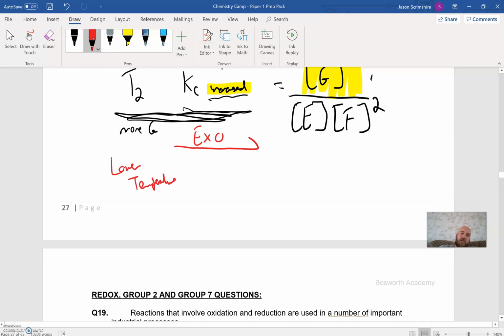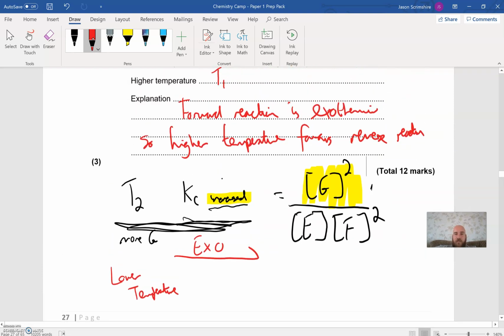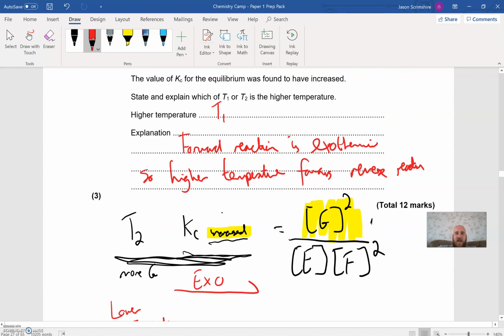And I'm just going to play forward Le Chatelier's in my mind now. If I lower the temperature, equilibrium will shift in the exothermic direction to try and increase the temperature again. And by going in the exothermic direction to the right-hand side, I'll get more G, which will lead to a bigger Kc. Right, so T2 must be a lower temperature. Now the question unfortunately says, which is the higher temperature?